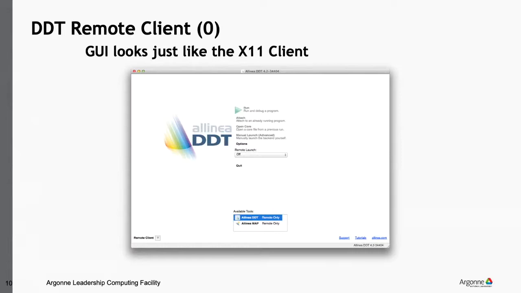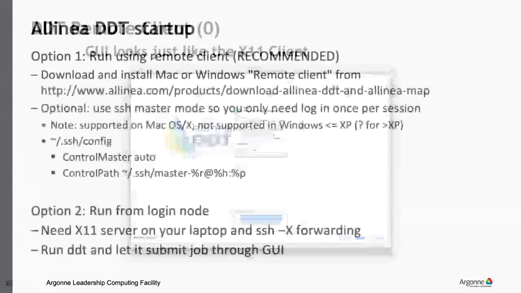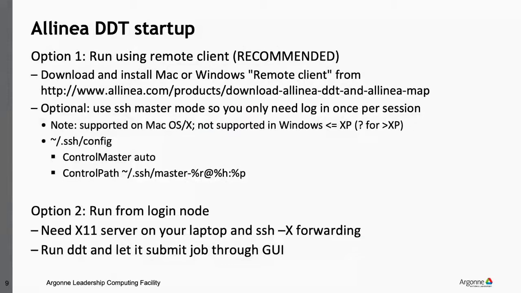I'll just mention that if you have a Mac, there's an app for the Mac. If you have Windows, there's an app for Windows. If you have Linux on your laptop or your desk machine where you're working from, you download the full version of DDT or Forge. I guess it's been branded as Forge now. Download the full version of Forge.